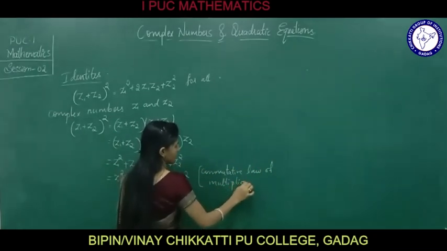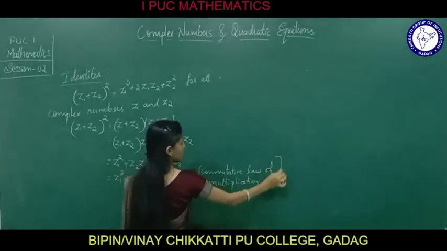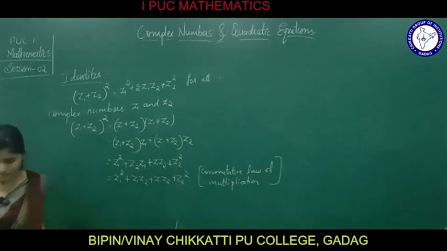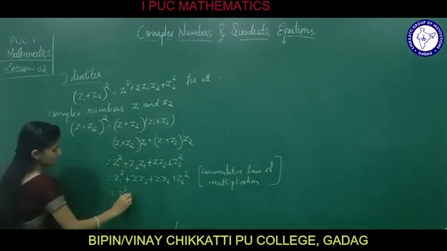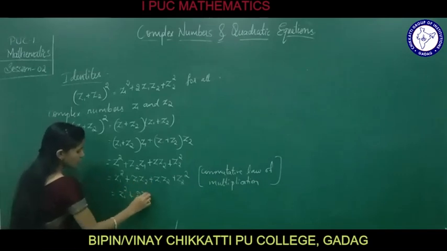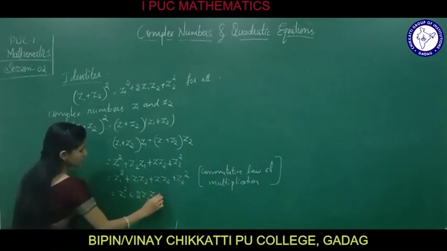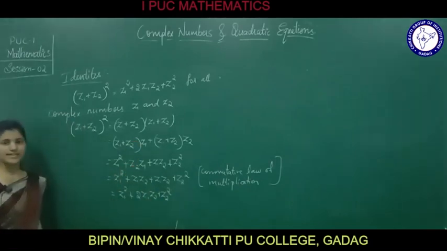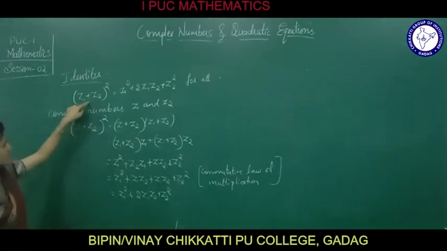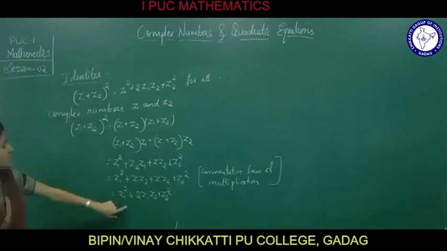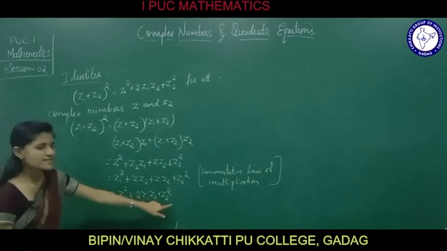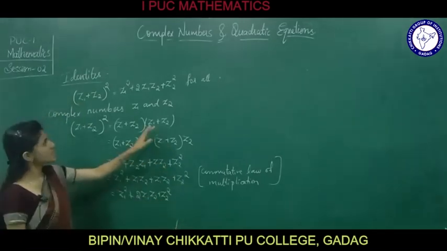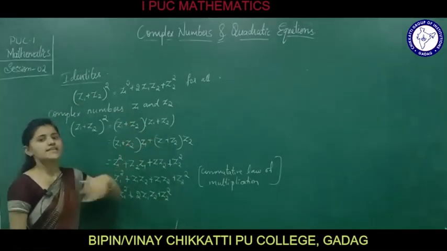Then what happens next? We get z1 square plus 2 times z1 into z2 plus z2 square. We got (z1 + z2) whole square is equal to z1 square plus 2 times z1 into z2 plus z2 square. Thus, we proved this identity.